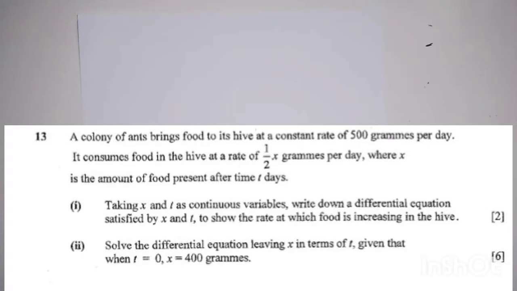The first part of the question is indicating that a colony of ants are bringing food to its hive. Bringing food to the hive, it means that we have got a positive differential coefficient.